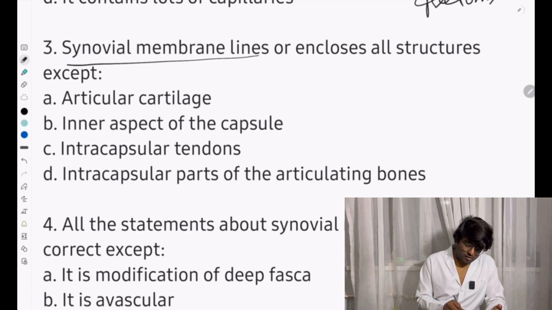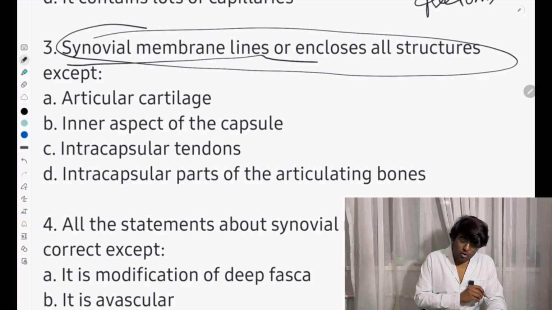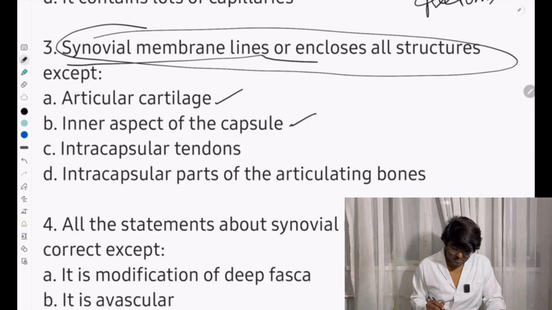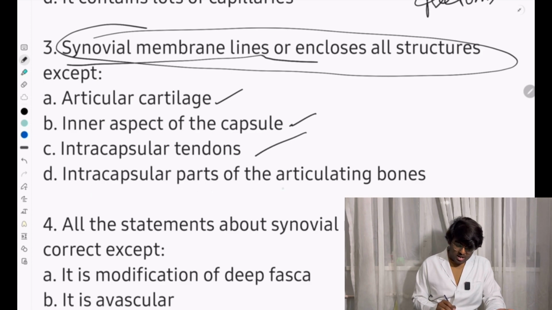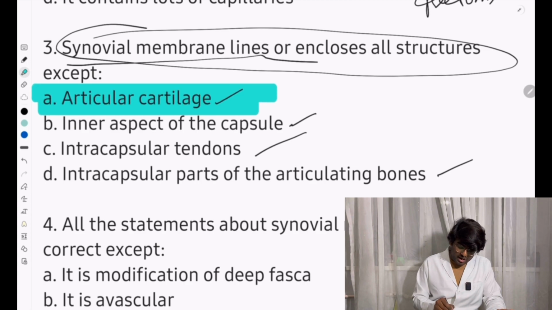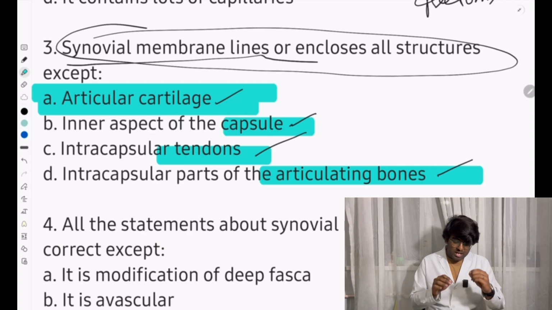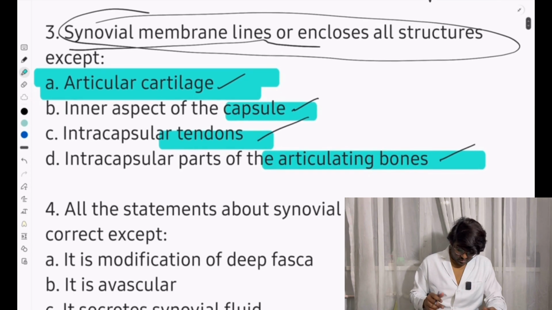Among the given options, the synovial membrane encloses everything except one. The first is articular cartilage, the second is the inner aspect of the capsule, then intracapsular tendons, and intracapsular parts of articulating bones. So the answer is A. The synovial membrane lines every part, the capsule, tendon and the articulating bone, except the articular cartilage.